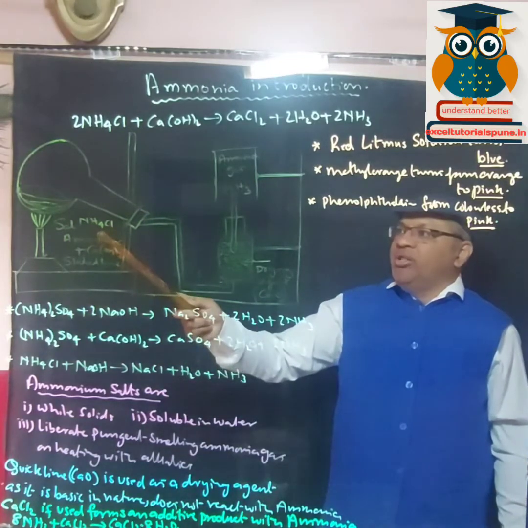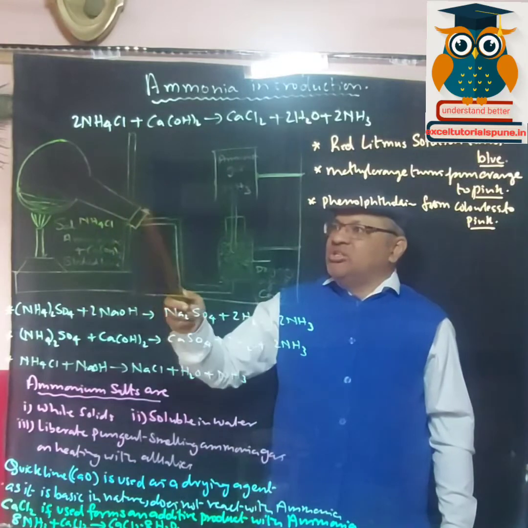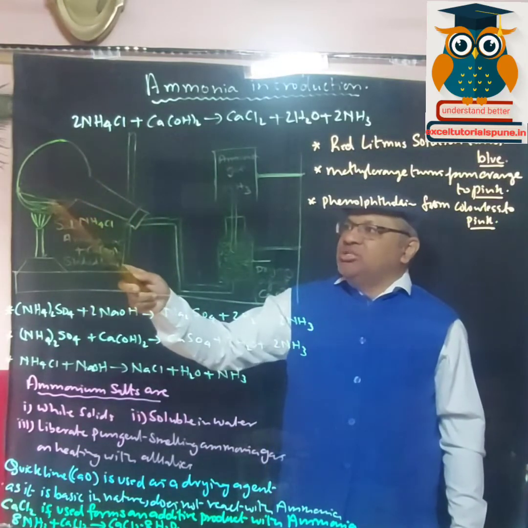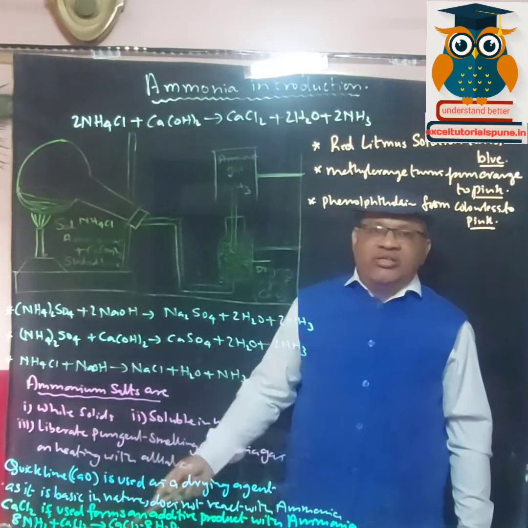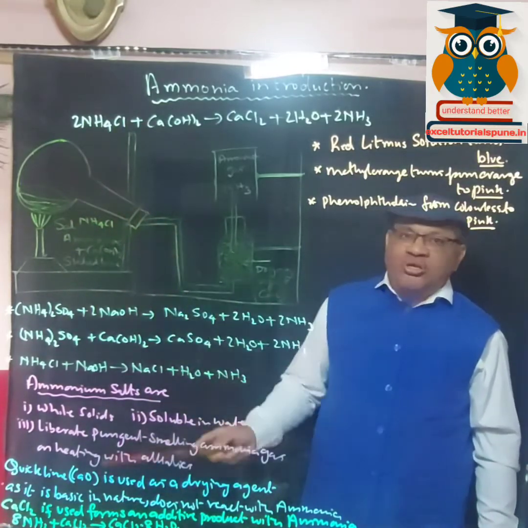Now another thing is the flask. Can you see this flask in which the ammonium chloride and calcium hydroxide is taken? It's kept in a tilted position. Why is it kept in a tilted position?